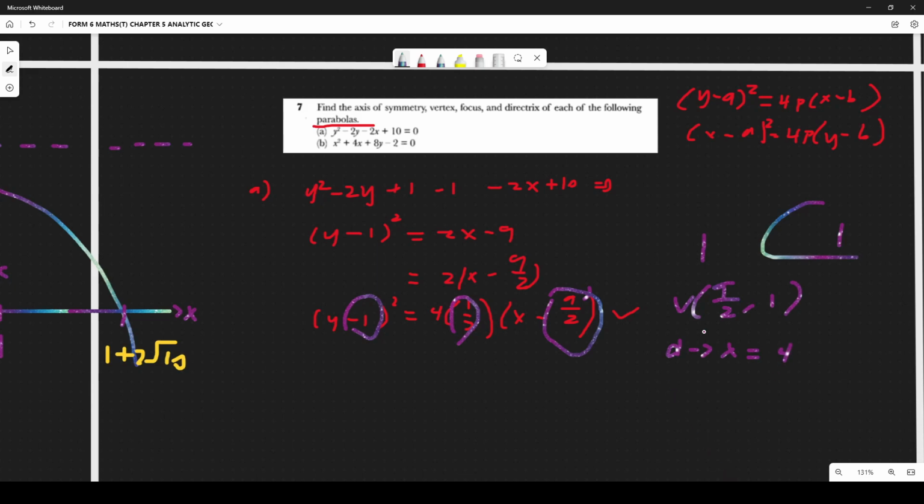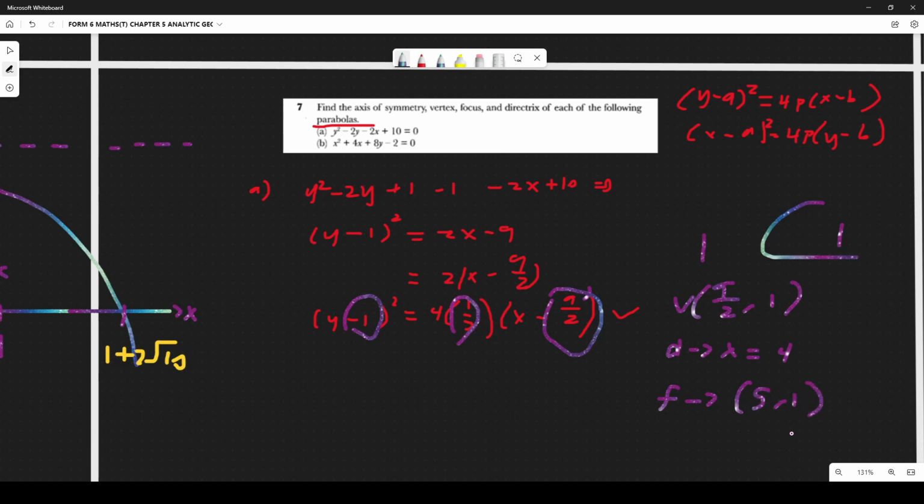Okay, how about the focus? Focus is when you plus the p into the vertex. So it's 9 over 2 plus 1 over 2. So the focus is at 5, 1.